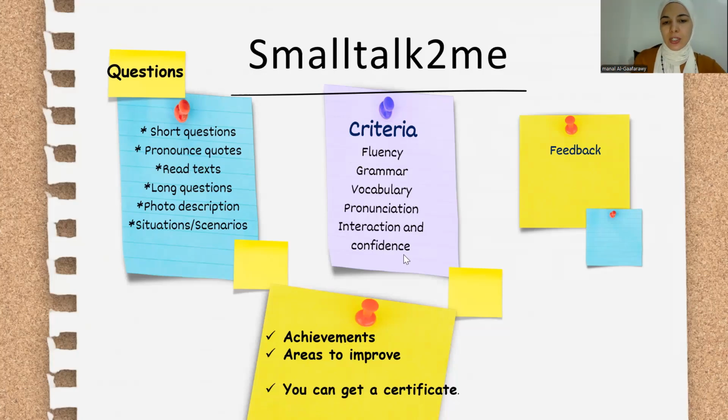And finally, interaction and confidence. And also it provides you with your level in speaking based on the CEFR tiers from A1 to C2.